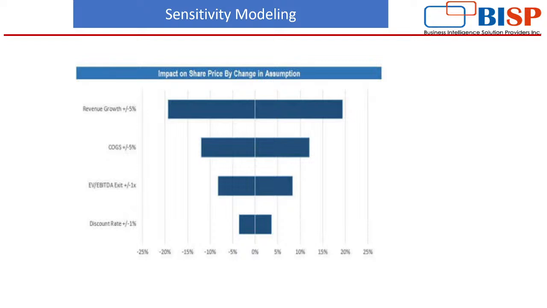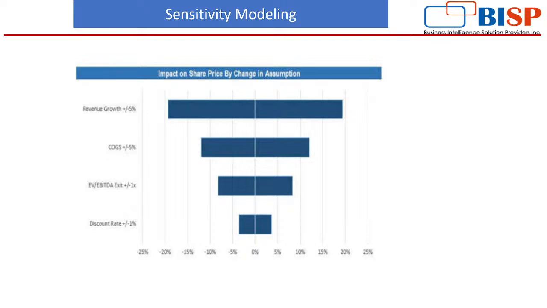So this way, if there are changes in the variable prices or cost, or in other rates and expenses, you can see how the revenue growth is affected. This is a simple extract, one of the examples by which we do sensitivity modeling.